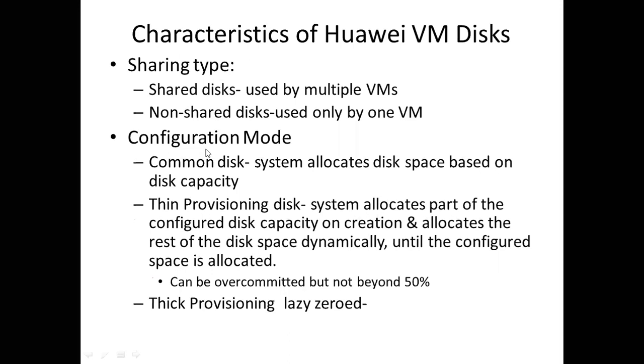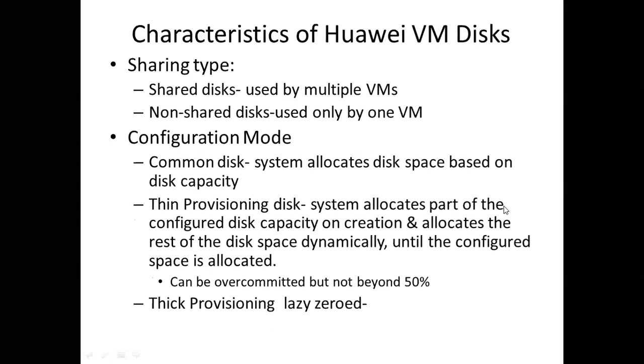In thin provisioning and thick provisioning, these are related to the concepts that we have just looked at. If we say thin provisioning, the system allocates part of the configured disk capacity on creation and allocates the rest of the disk space dynamically until the configured space is allocated.